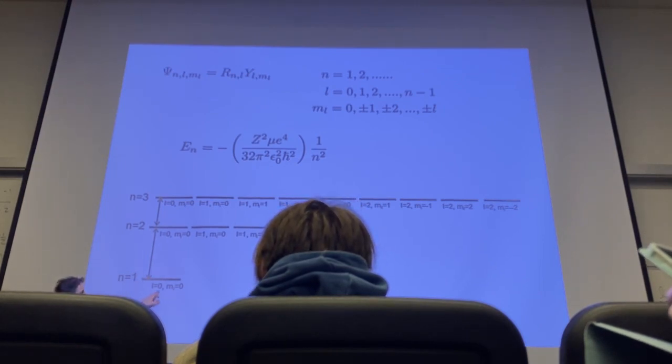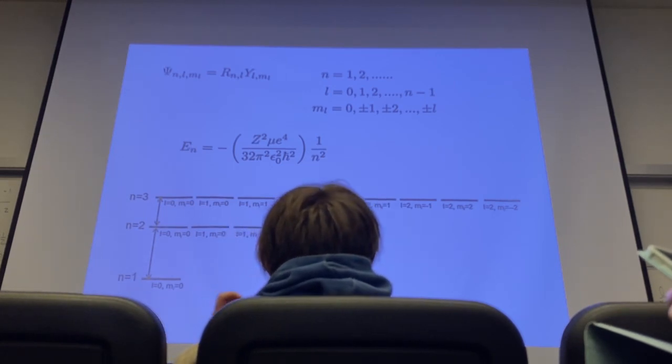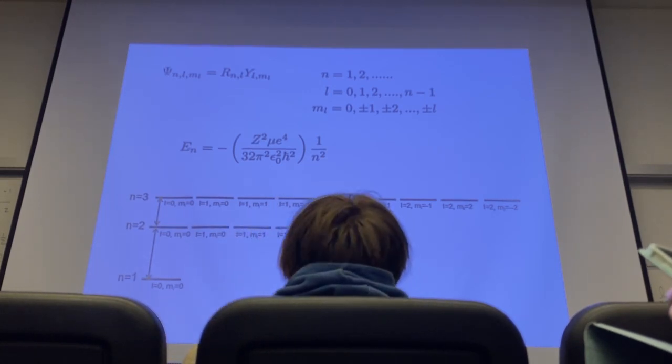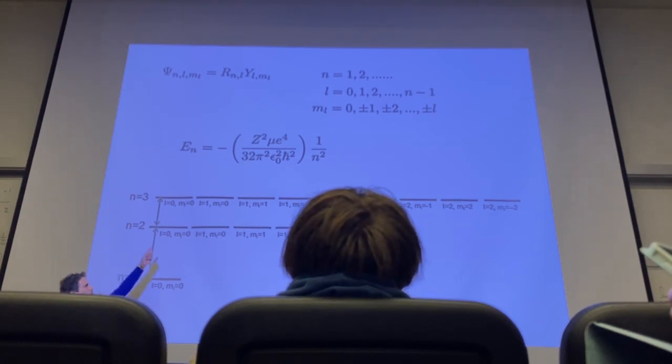In that case, L is 0, ML is also 0. Could be sitting in there. And typically, if you have a hydrogen atom that's floating around in space, that's the state the electron sits in. Unless you do something to it, if you give it a whole bunch of energy, by light or something else, it could occupy any of the so-called excited states. For instance, n equals 2, n equals 3.